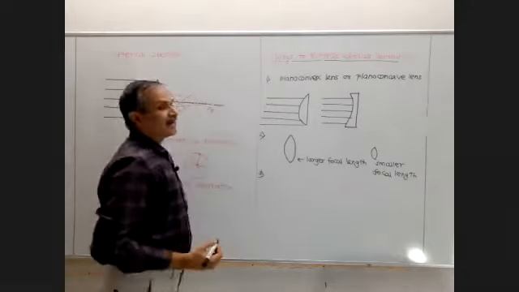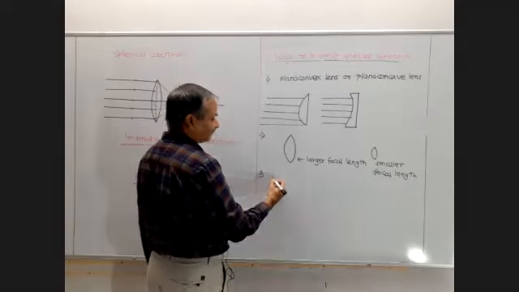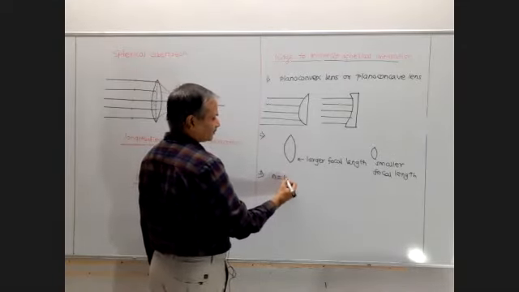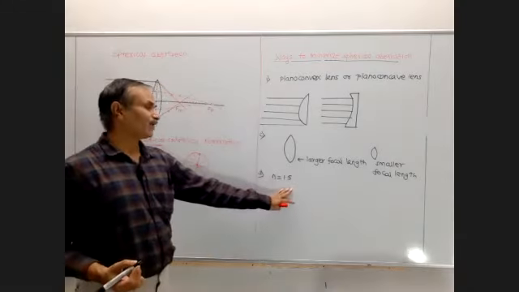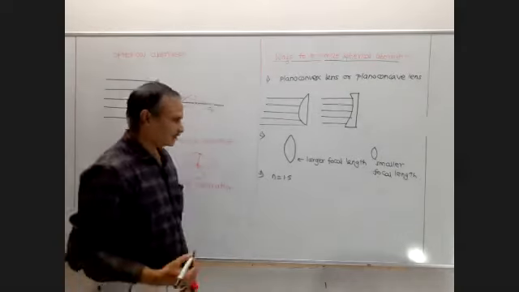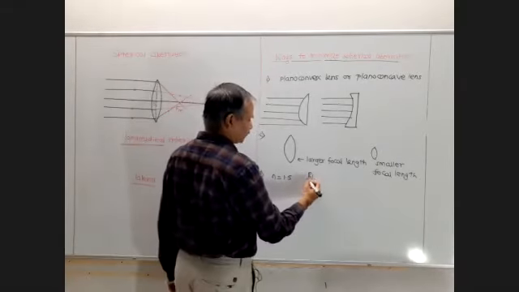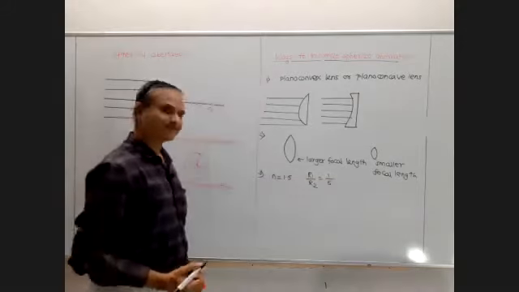Third, by using the combination of the lenses for different refractive index, suppose if you use the refractive index 1.5 for preparing the lens, then radius of curvature ratio R1 upon R2 should be 1 upon 6.